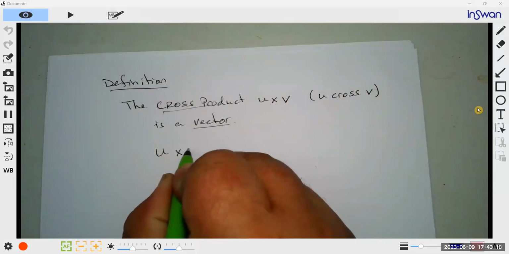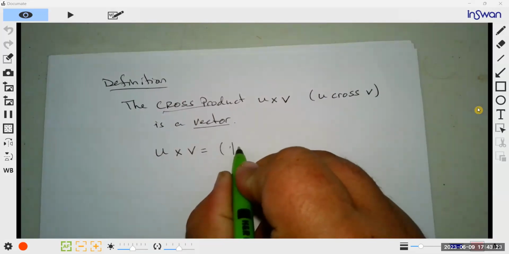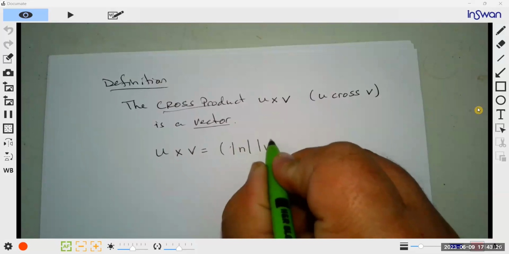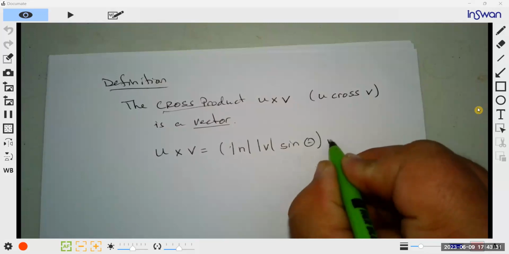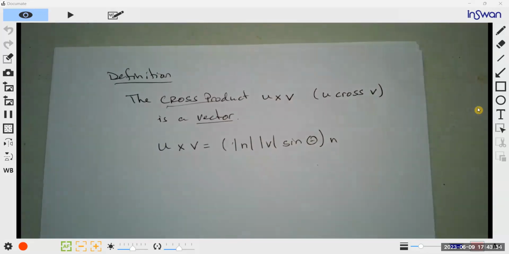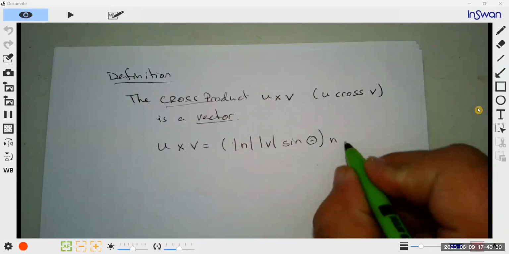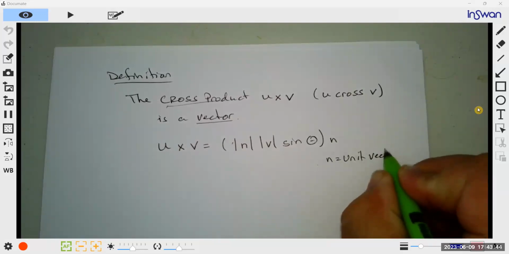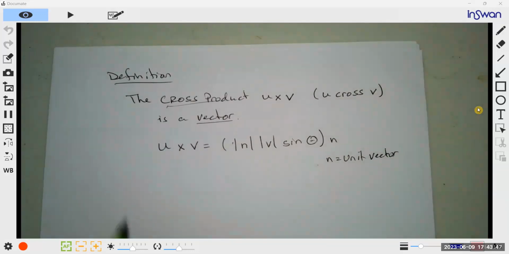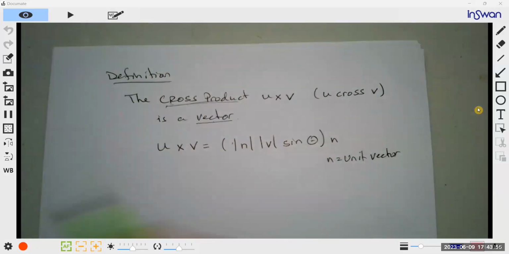So u cross v is equal to the magnitude of u times the magnitude of v times the sine of the angle between them, all that times a unit vector, we'll say n equals the unit vector. Again, the cross product gives you a vector, the dot product gives you a scalar.